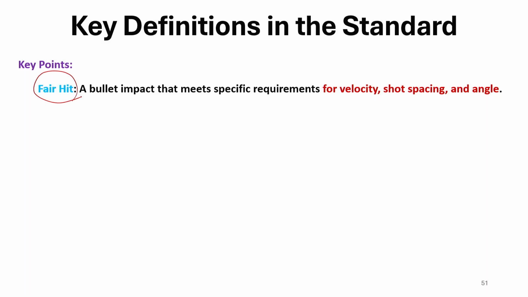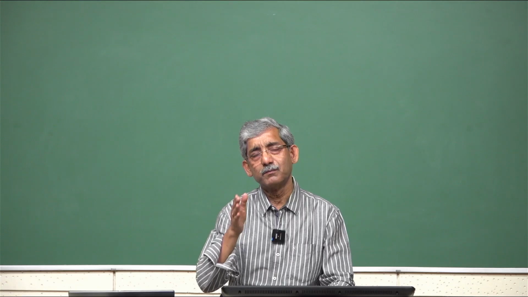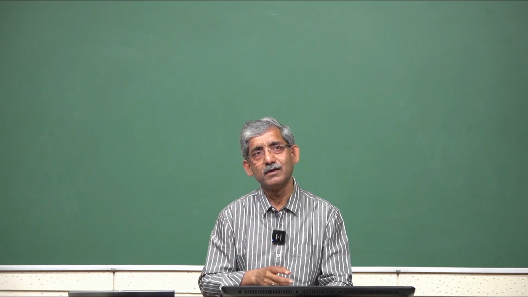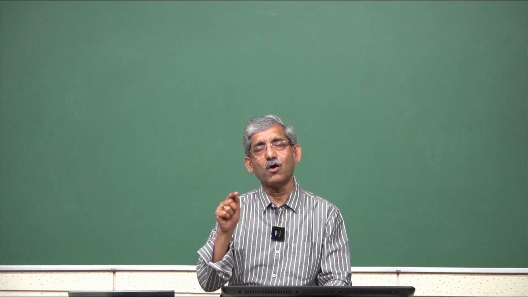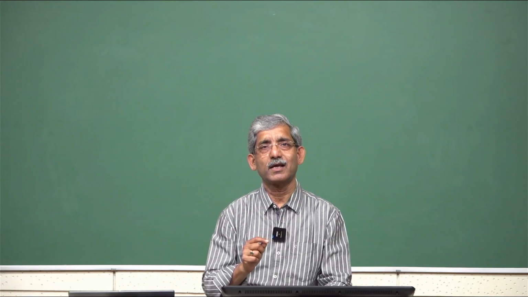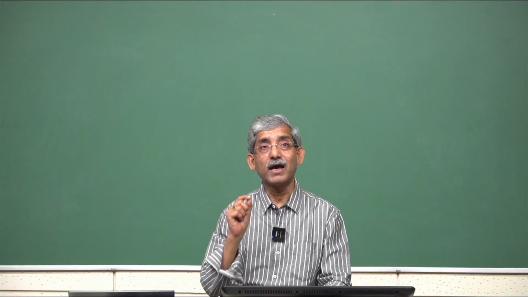In any body armor test, we hit the armor with some projectile, some handgun and some type of rifle, but not all hits are counted. So, there has to be a fair hit.